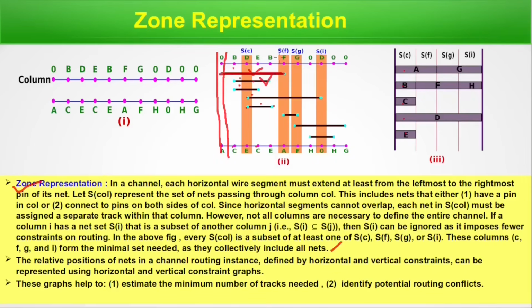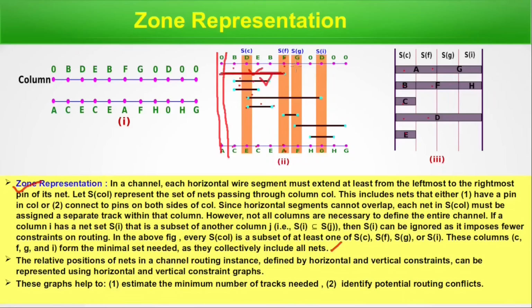And now if we consider this column F, here this one is connecting D. Pin F is there, pin A is there, and this D. This is net A and net F, so A and F, and on two sides D. So this is D, 3 nets.